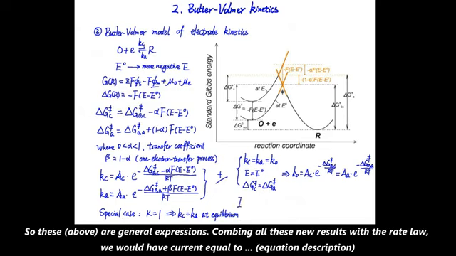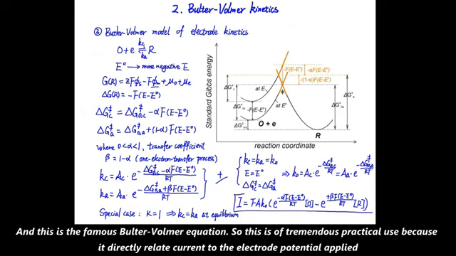Combining all these new results with the rate law, we would have current equal to F times A times k0 times [e to the power of minus alpha F times the potential difference divided by RT times the concentration of O, minus e to the power of beta F times the potential difference divided by RT times the concentration of R]. And this is the famous Butler-Volmer equation.